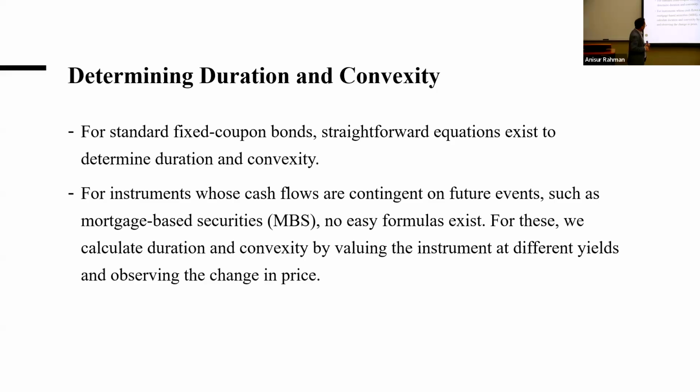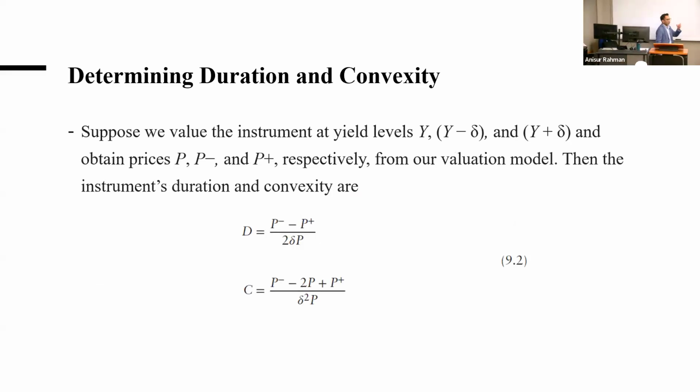As a result of this, we have to follow a different process to calculate duration and convexity. For example, this is the formula to calculate duration. This P minus is, let's say we are saying, what will happen to the price if the yield decreases by 1%.